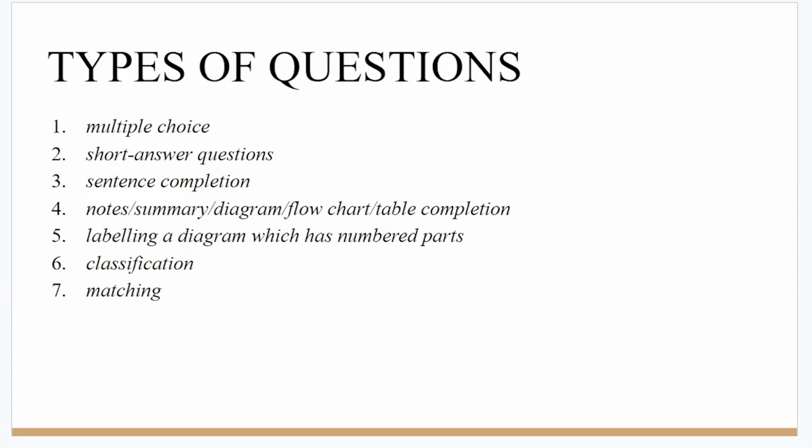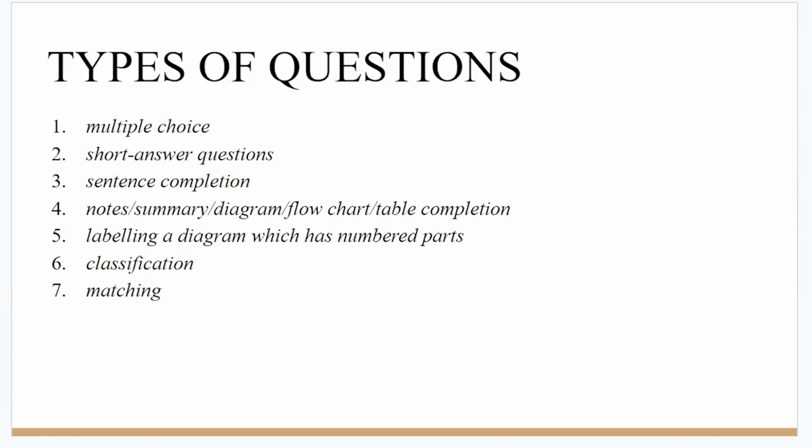So a map will be given and you have to analyze the map and listen keenly to the conversation or the monologue, and then you have to write the correct answer like A, B, C, D, or E, whatever is marked on the map, according to the questions asked. So this is an example. Then question number 5, labeling a diagram which has numbered parts.